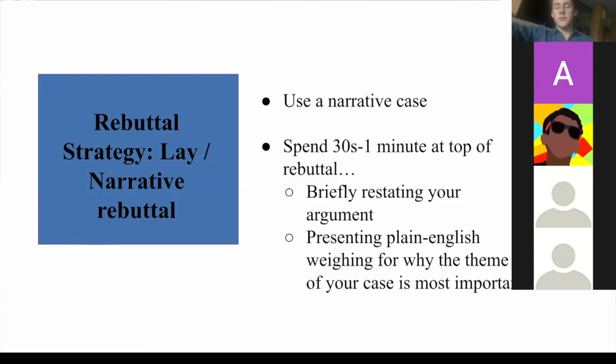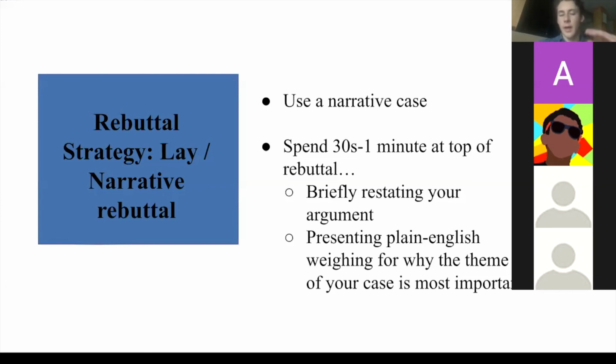The beauty of this is that it will set you up such that the judge has a really good understanding of just why your case is so great and just why your case should win against that of your opponents. So that's essentially how the narrative rebuttal is done.